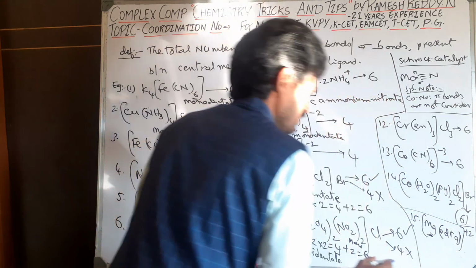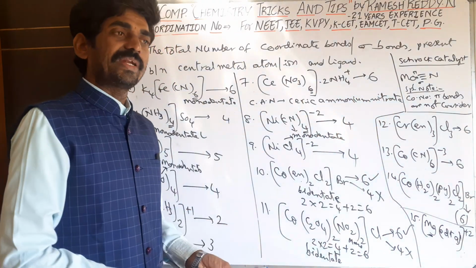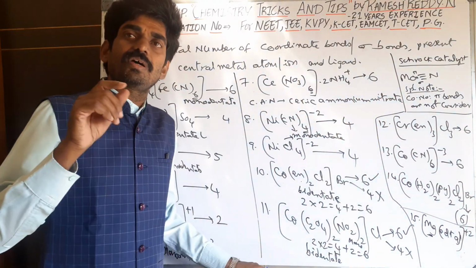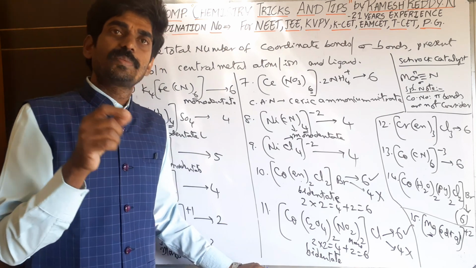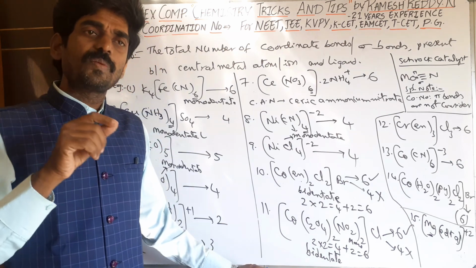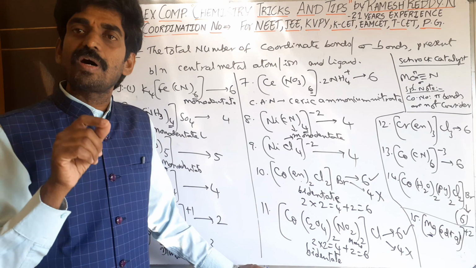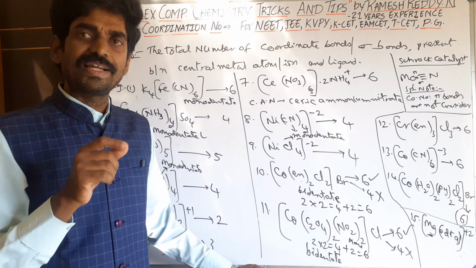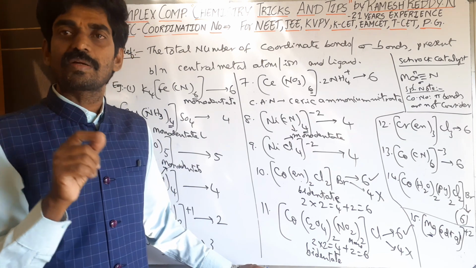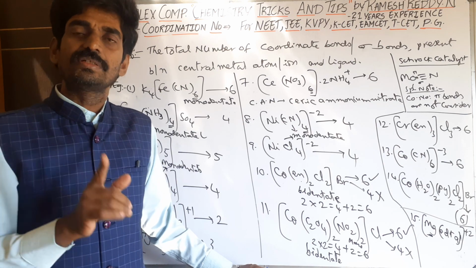My dear students, here magnesium is the central metal atom. Generally students have one misconception, that complex compounds, that is coordination compounds, are formed by d-block metal atoms only. Their central metal atom is a d-block metal atom only. No, that is not correct.